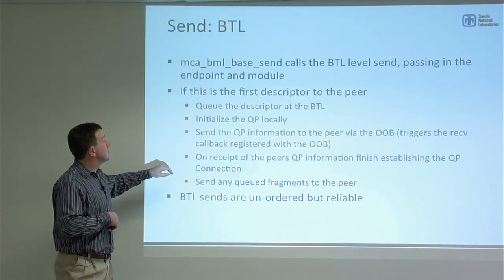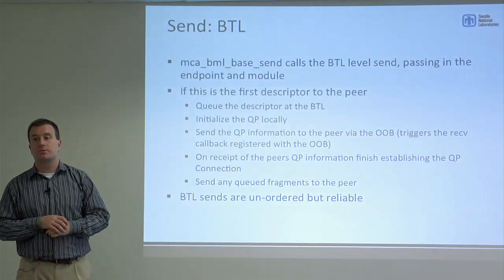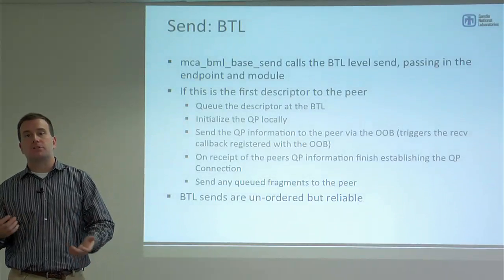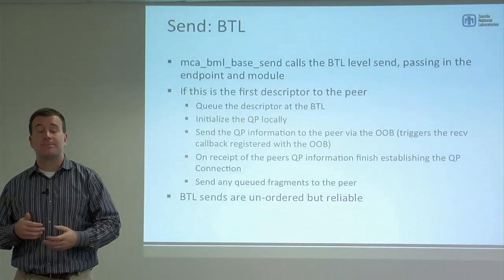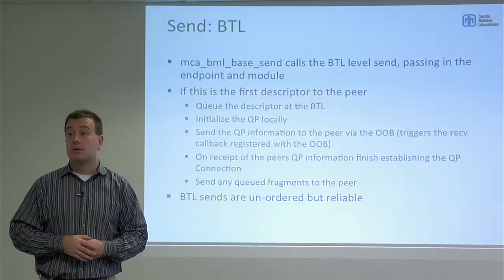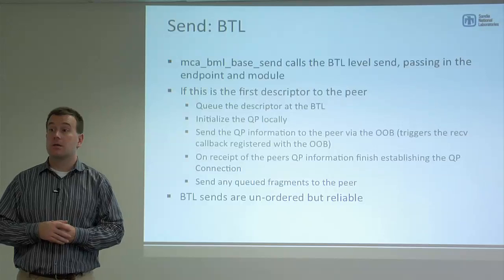If we're using OpenIB, we've got some work to do. If this was the first send, we're talking to a remote peer. Job sizes can get quite large, 10 to 30,000 endpoints.